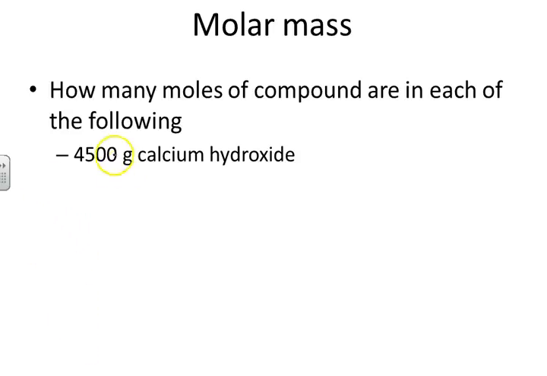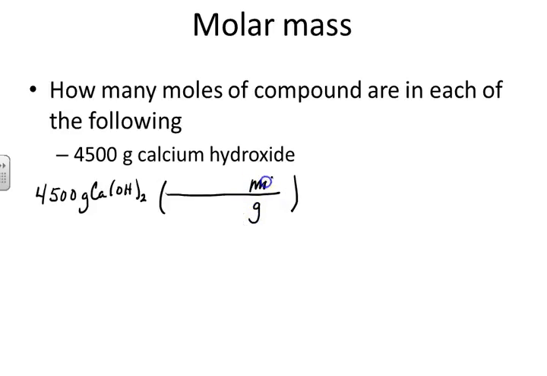Okay, let's try another. We have 4,500 grams of calcium hydroxide, and we want to know how many moles. So we have to find the molar mass of calcium hydroxide. We've got in our formula 1 mole calcium.